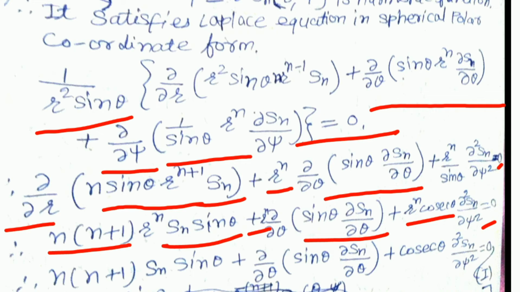And therefore this can be written as n in bracket n plus 1 Sn sin theta, plus dou by dou theta of sin theta dou Sn by dou theta, plus cosec theta dou 2 Sn by dou psi square, is equal to 0. r to the power n is common, and that common into 0 is 0.